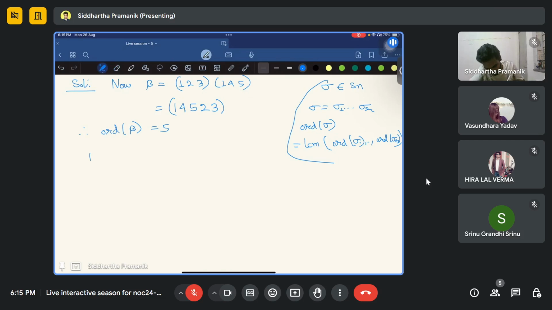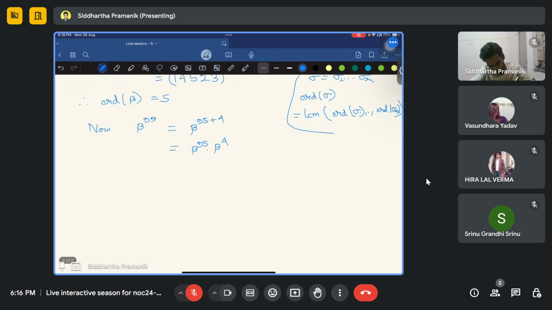So now what is beta to the power 99? It is beta to the power 95 plus 4, that means beta to the power 95 times beta to the power 4. But order of beta is 5, that means beta to the power 5 is equal to identity, right?